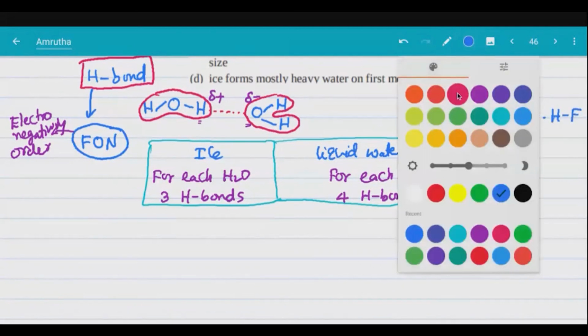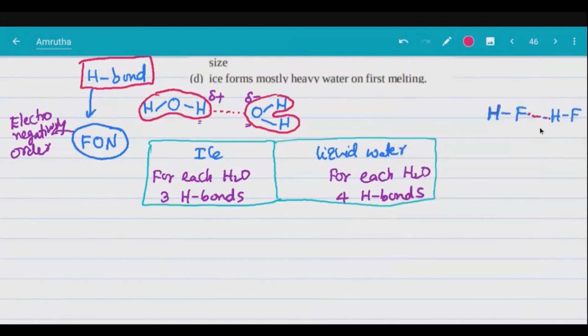Now this red color I'll show. This red color one only hydrogen bond, not the blue bond. Blue bond is what? This is covalent, no? This is covalent. This is hydrogen. This is minus, this is plus. See this bond, red color bond between molecules. This is one molecule, this is another molecule, between molecule. That is hydrogen bond.